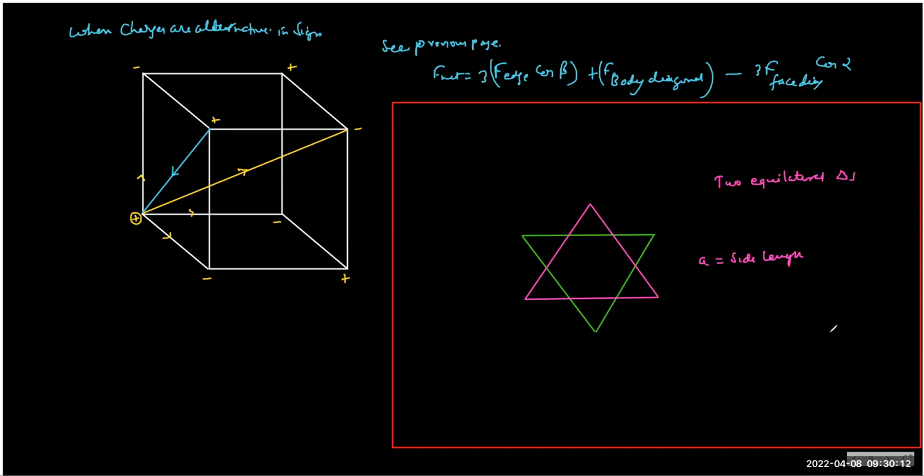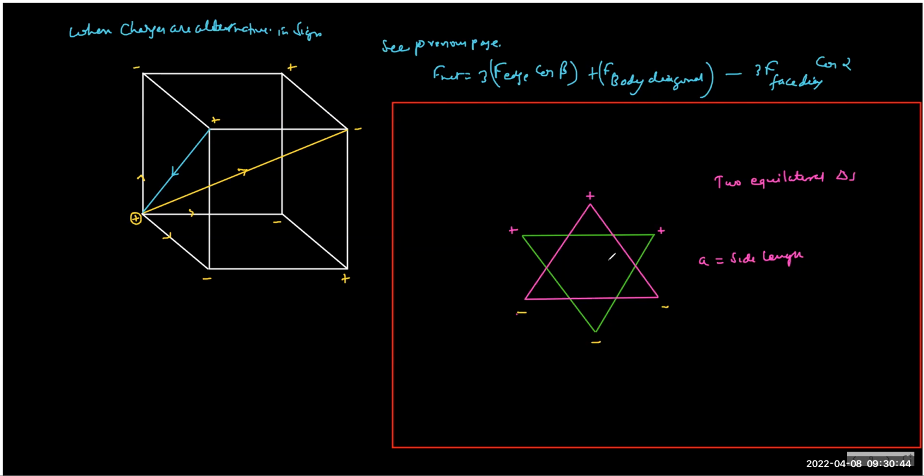Now we have charges like this: plus, plus, plus on these three vertices, and minus on the other three. The sides are parallel, so you can see the facing sides are parallel to each other.